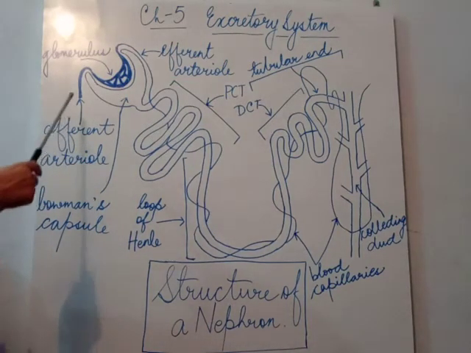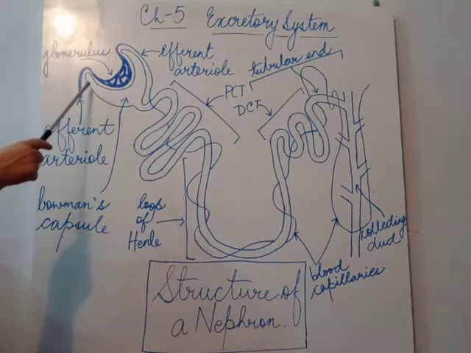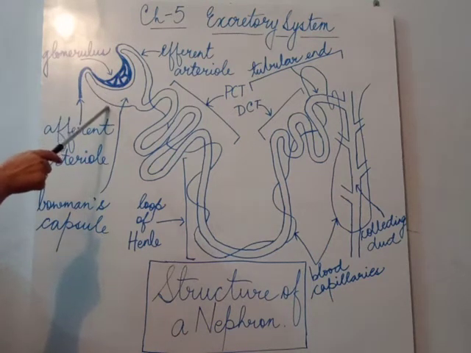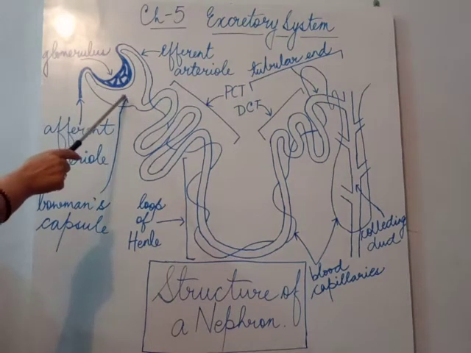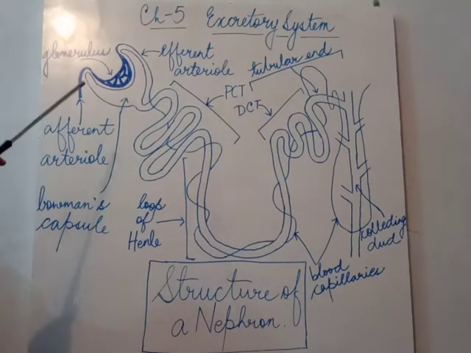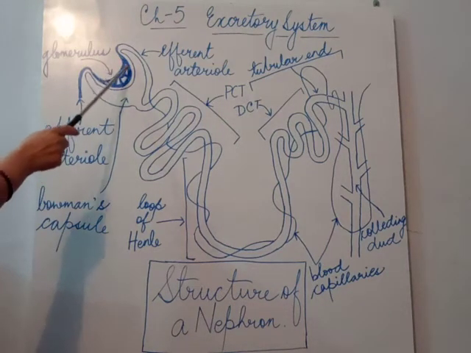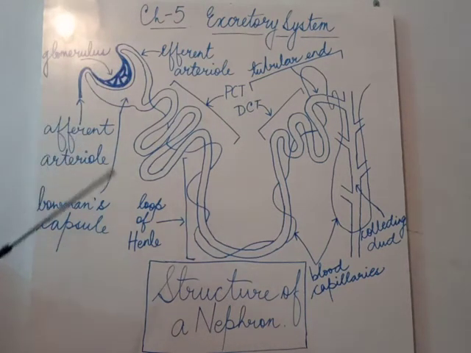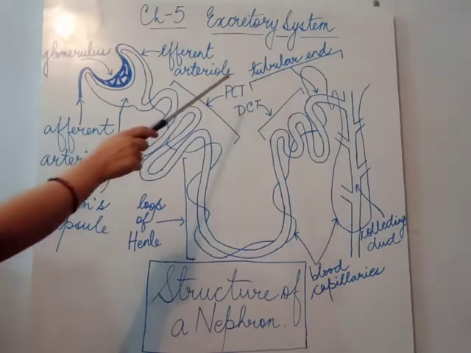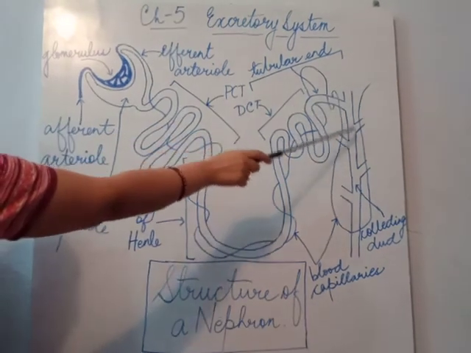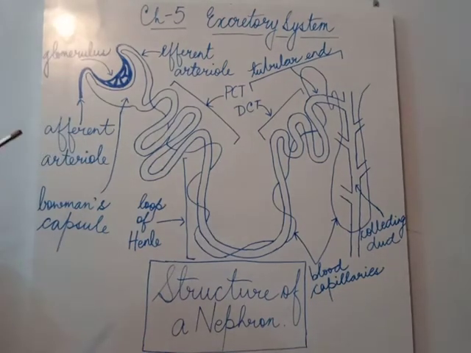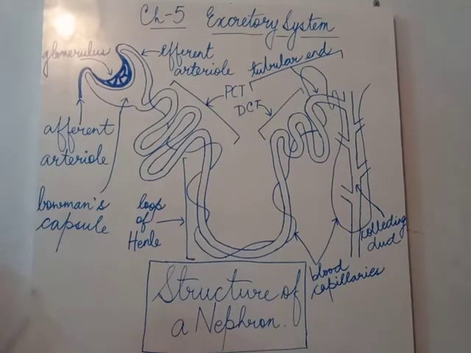Start with the beginning end of a nephron, which has a cup-like structure called Bowman's capsule, which encloses a tuft of capillaries called the glomerulus. The other end leads into a large tube, the collecting duct. At the glomerulus, filtration of nitrogenous waste from the blood plasma is done.